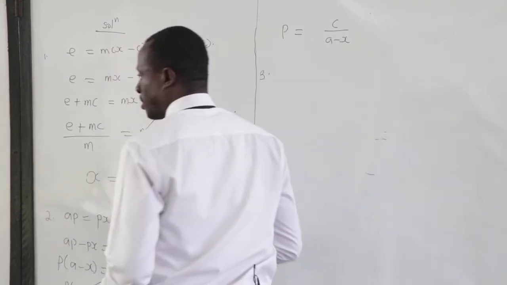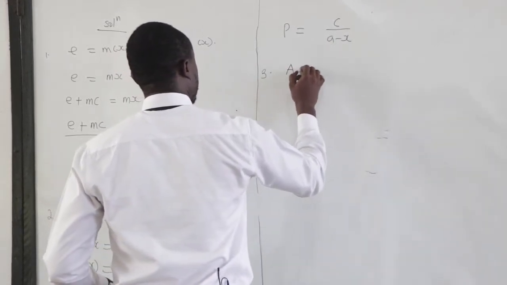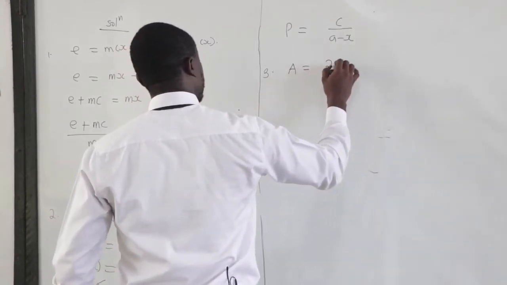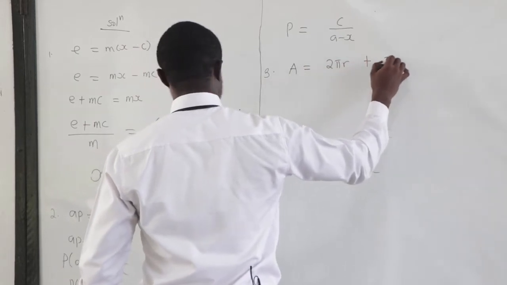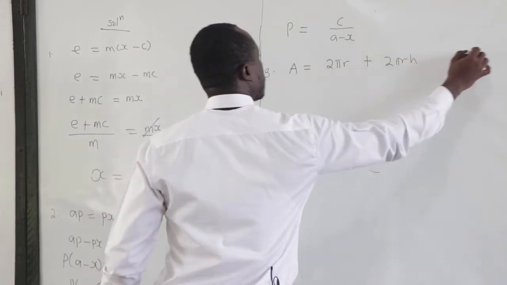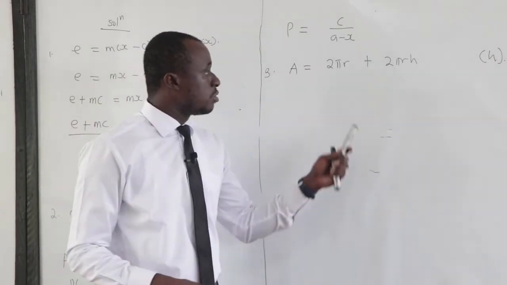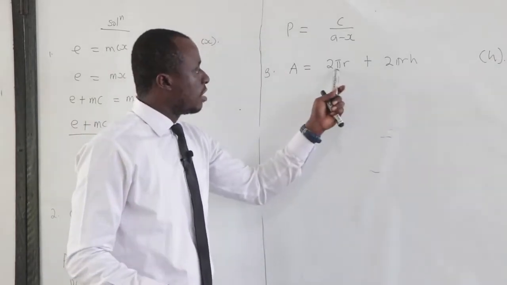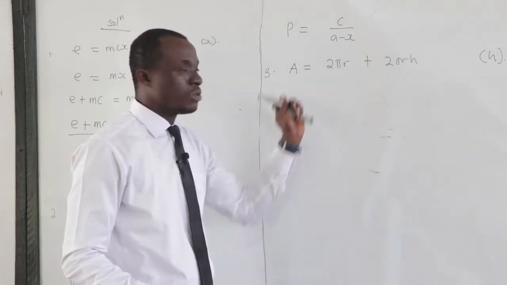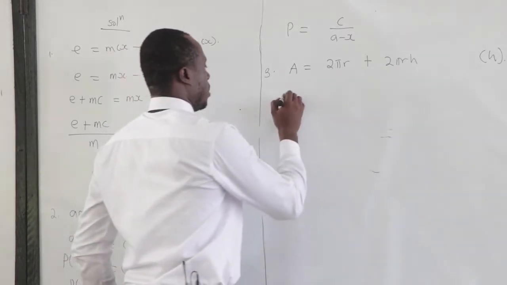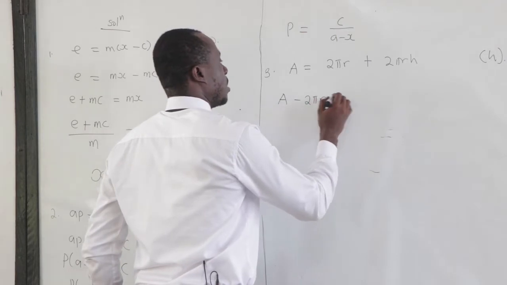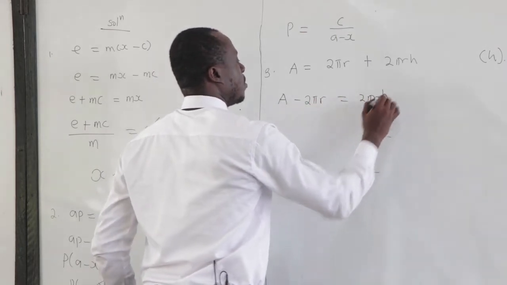Now let's see the third one. The third one says that we have A equal to 2 pi r plus 2 pi r h. And we are being told to make h the subject. What are we supposed to do? Because we want to make h the subject, it is better we take the 2 pi r to the left hand side. So you have A minus 2 pi r equal to 2 pi r h.